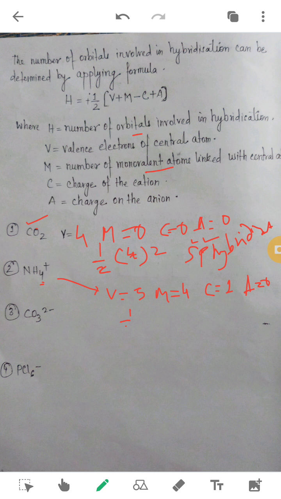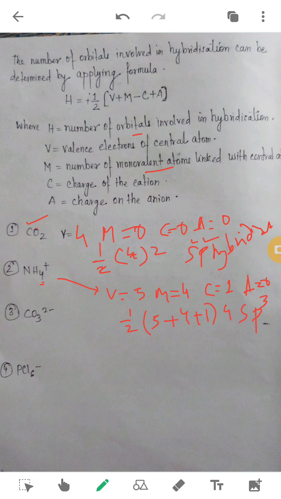Now half of 5 plus 4 plus 1 gives us 5 plus 4 plus 1 over 2, which is 5. Half of 10 is 5, so hmm, we get 4 from the formula. Starting from s, it is sp3. Thus you get the number 4: one s orbital and 3 p orbitals, so 4 in total. So the hybridization of nitrogen in NH4 plus is sp3.